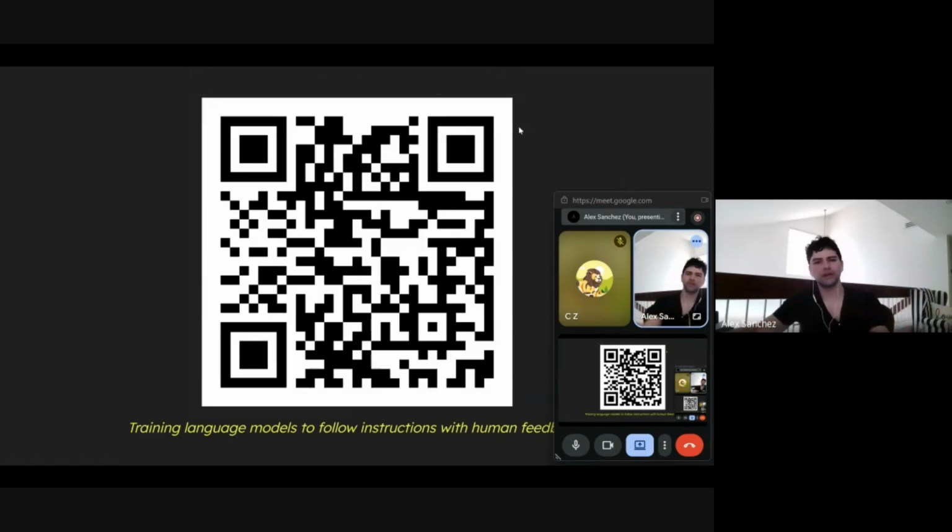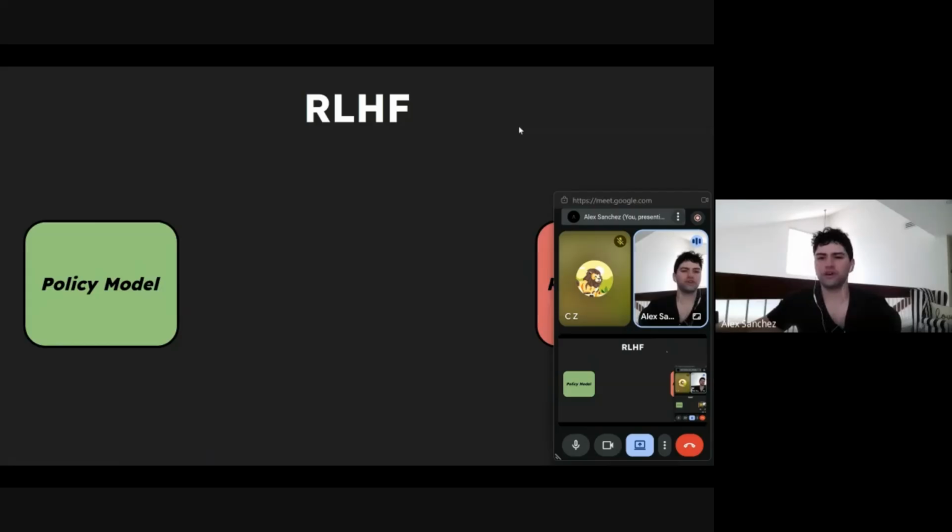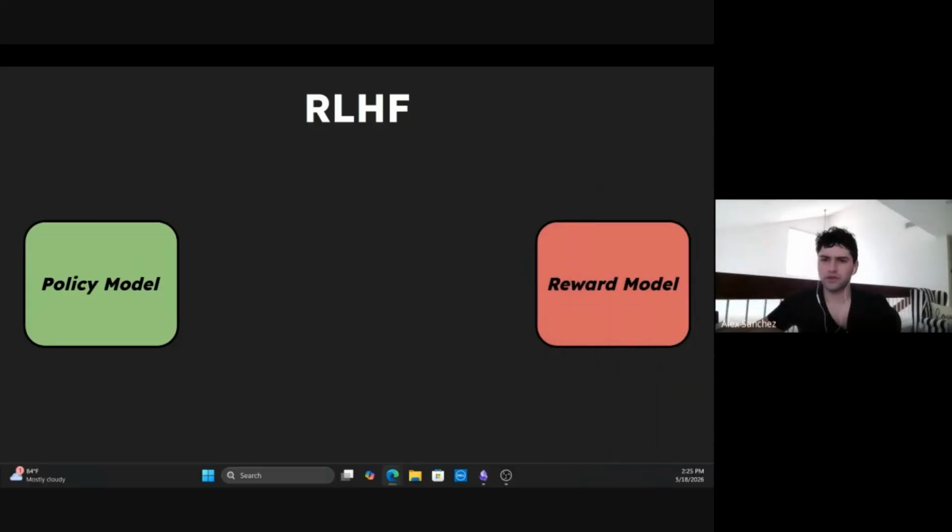So the whole point of RLHF, reinforcement learning from human feedback, is to push our pre-trained model, which is very intelligent and can generate text, into a more conversational being.